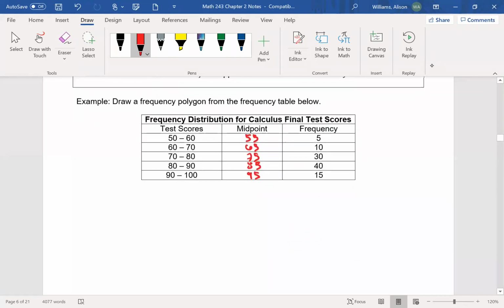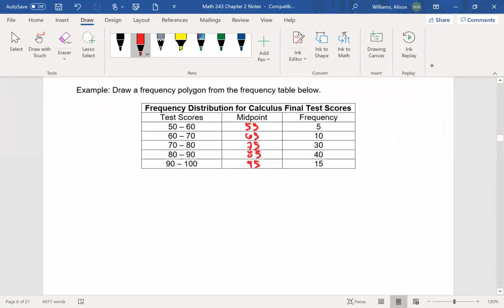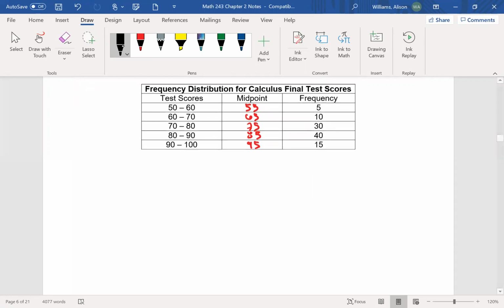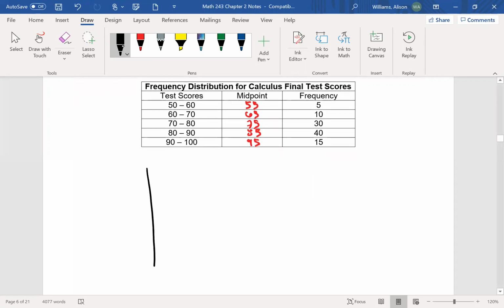Okay, so I'm going to go ahead and draw this very similarly to how I drew line graphs in the last section. So here, I'm going to give myself a little space. All right. So we're going to go 55, 65, 75, 85, 95. Now, I'm going to do something very annoying.